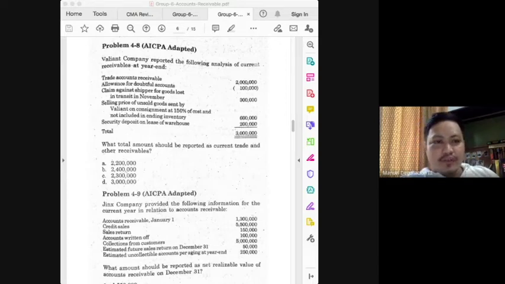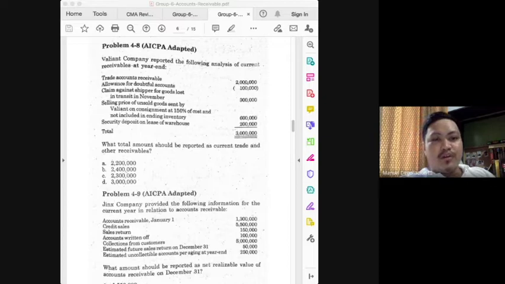Fourth item, security deposit on lease of warehouse, 200,000. Normally, class, security deposits are considered as a long-term receivable because they would be recoverable only at the end of the lease term. And considering that this problem involves a lease of a warehouse, we expect that the lease will be for a longer period.